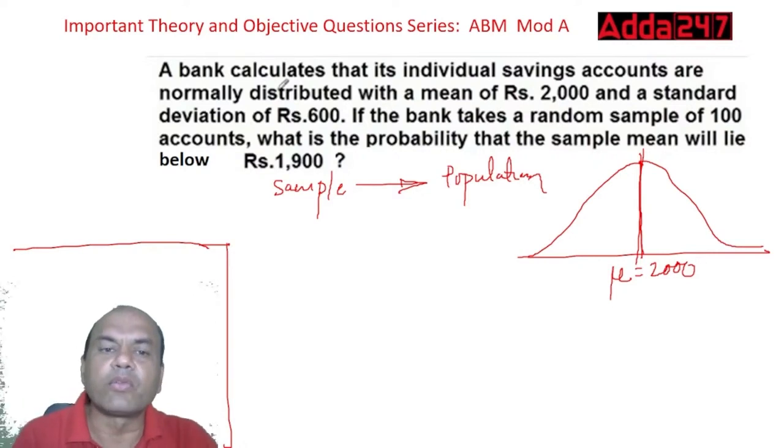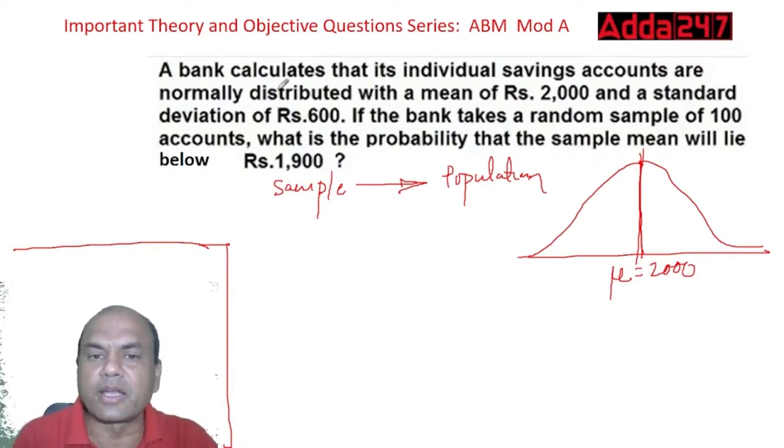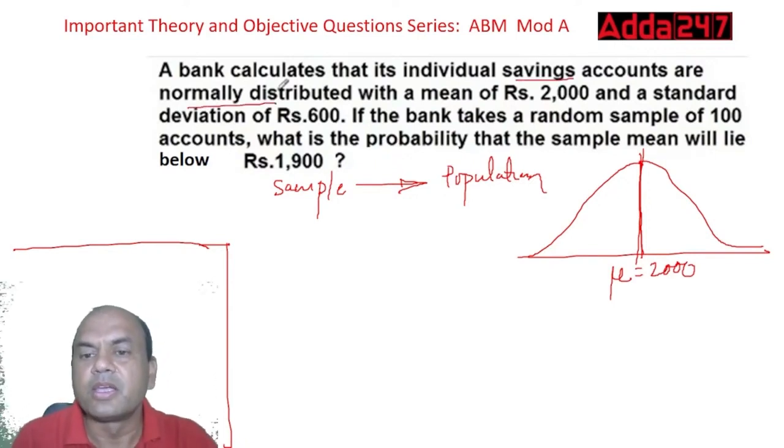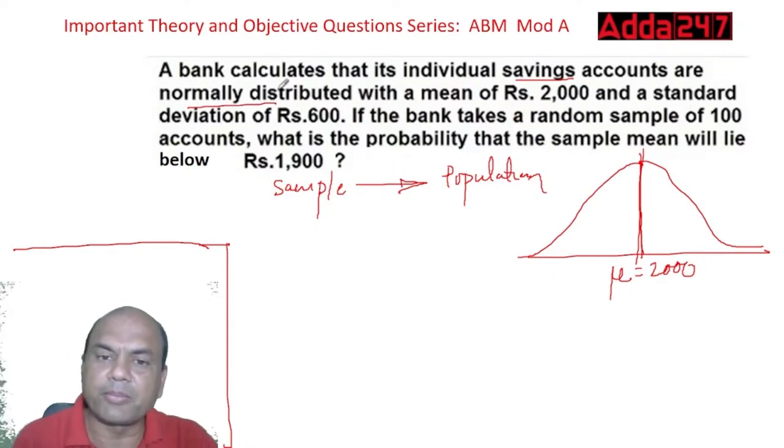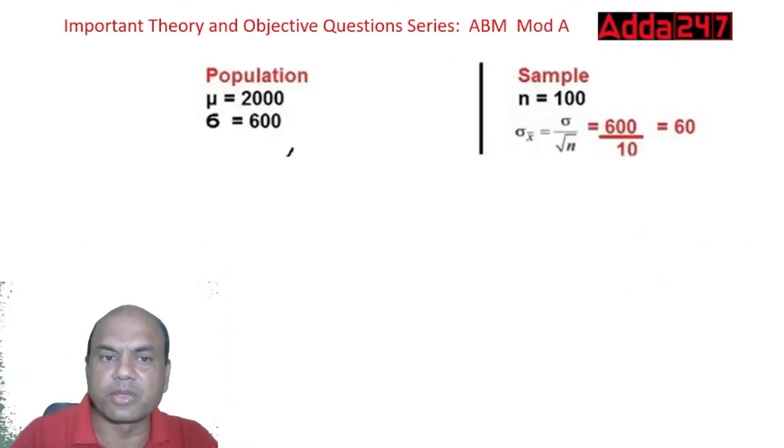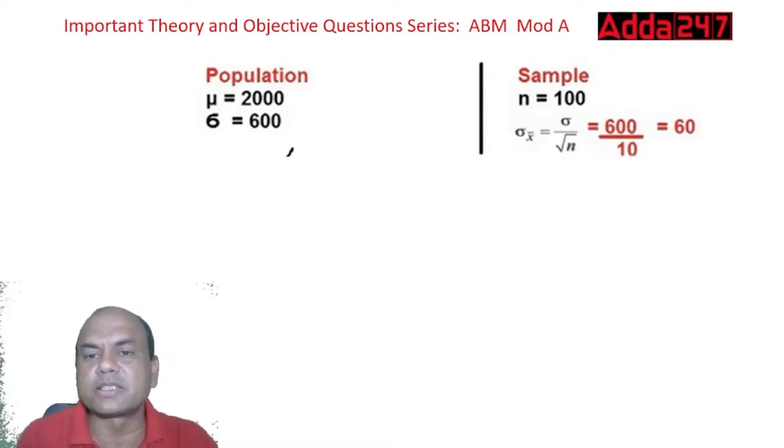Got it? Now what is given? The savings accounts are normally distributed. It means the population is normally distributed, and the bank has some savings accounts. See this. This is the population and this is the sample.